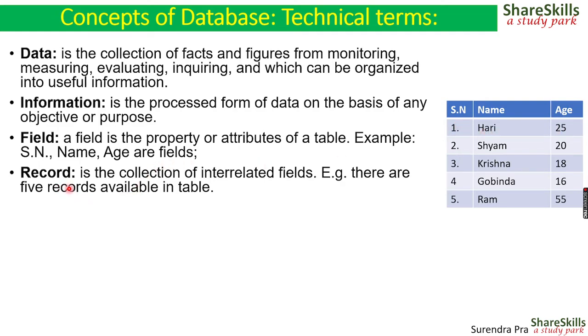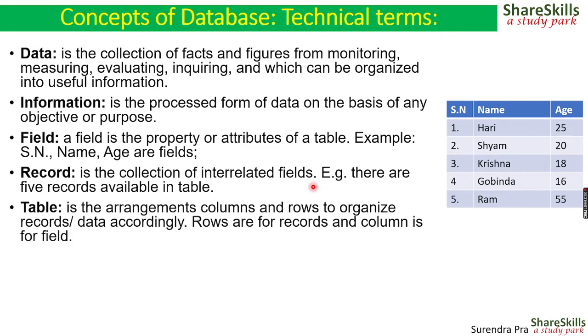So we can say a record is the collection of interrelated fields, or the collection of data under that particular field, and a table. When we collect these fields and records, and organize those records under that particular field, that makes one table.